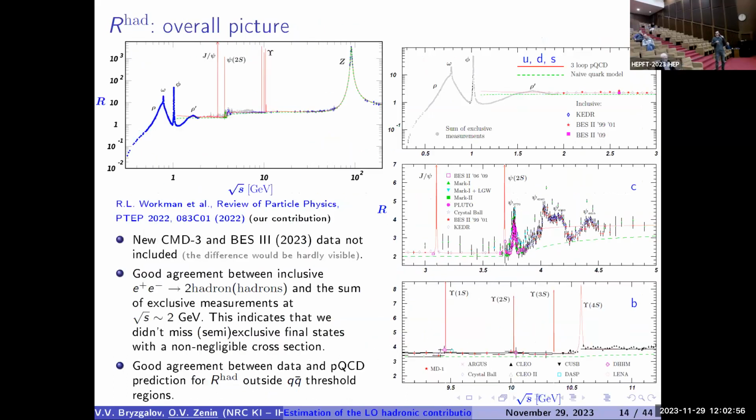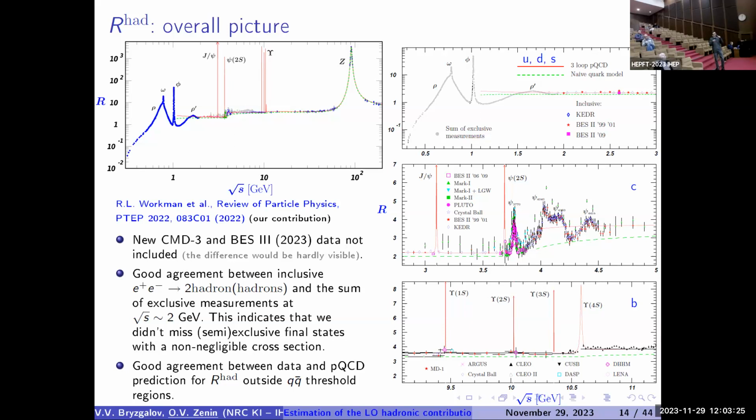So the overall picture of the normalized cross-section is shown here. Here we just reproduced our plots from PDG. The reference is given here. This is the total error ratio, which includes the sum of all the exclusive channels in the region from the hadroproduction threshold to 2 GeV.